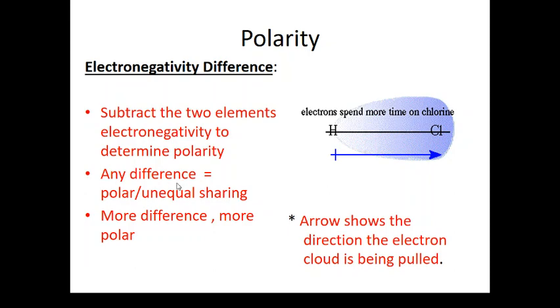Any difference equals a polar bond because of the unequal sharing. The more the difference, the more the polarity. Remember, again, the arrow shows the direction in which the electron cloud is being pulled, thus leaving the positive aspect, and now the new slightly negative aspect of our bond.